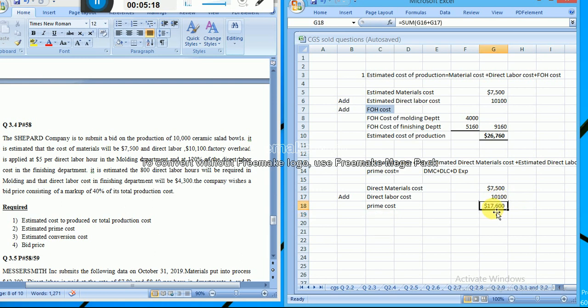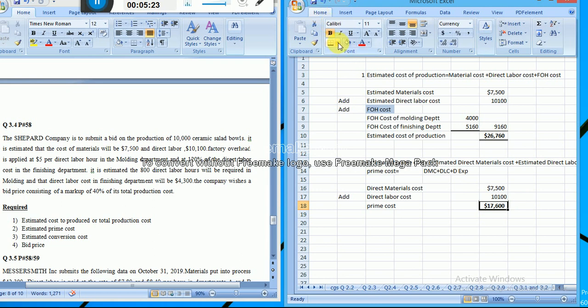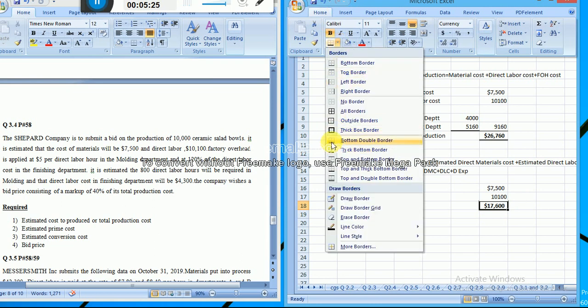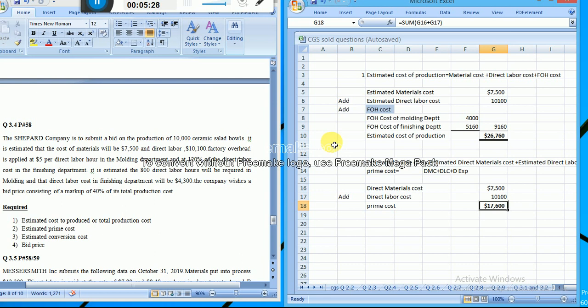So 17,600 is our estimated prime cost, because this is an estimation. Estimated prime cost is $17,600.